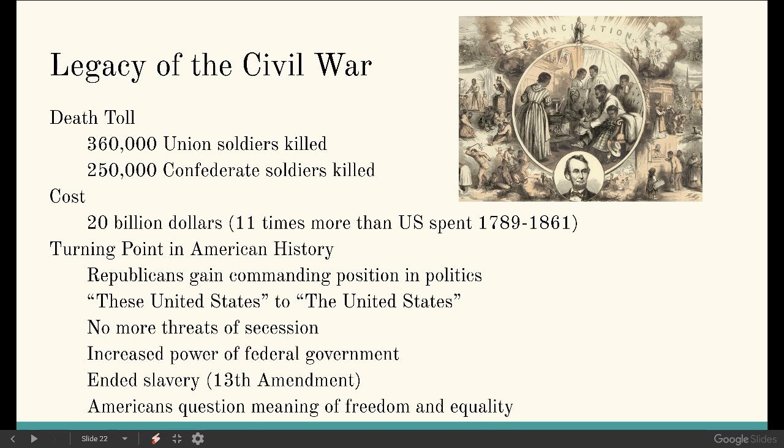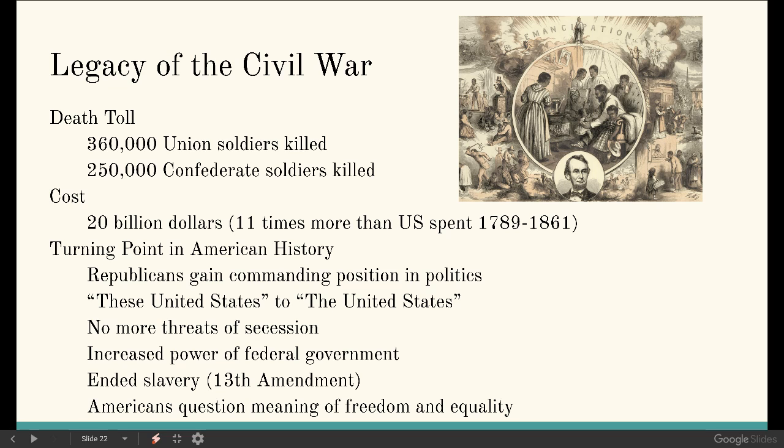And the Civil War also represents a turning point in American history. The Republicans gain a commanding position in politics, so they become a major political party with Democrats on the other side. People started referring to the United States as the United States instead of these United States, which is a symbol of the unity that we get after the Civil War.